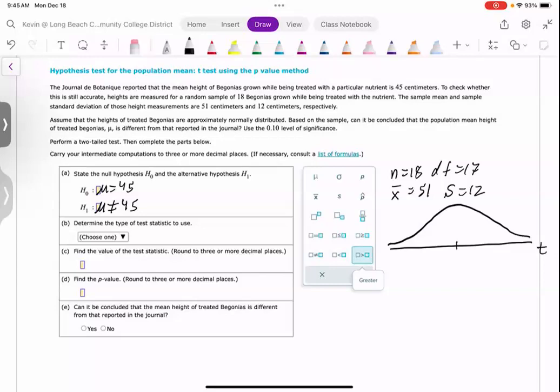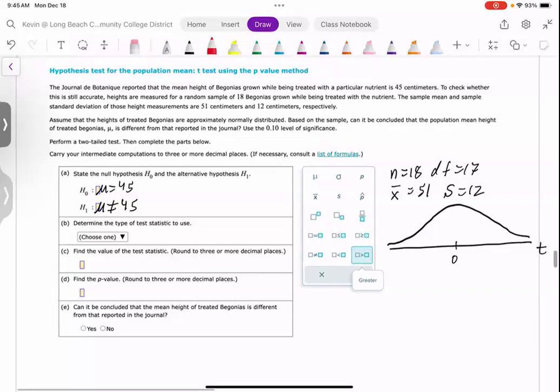Again, this is a t-distribution. And this is going to be two-tailed, which means I'm going to take my alpha, which is 0.1, and break it up into two pieces. So half of it is over here. The other half is over here. And I want to find the critical values, so that's going to be inverse t, 0.05, with the degrees of freedom of 17, and inverse t, 1 minus 0.05, degrees of freedom of 17.